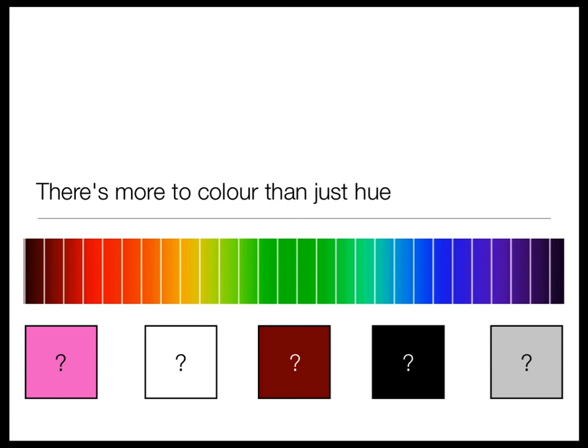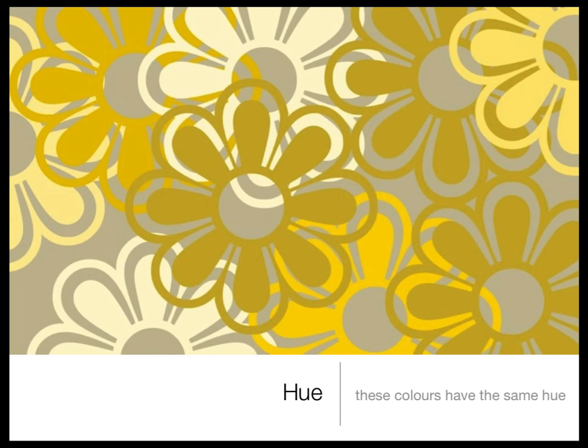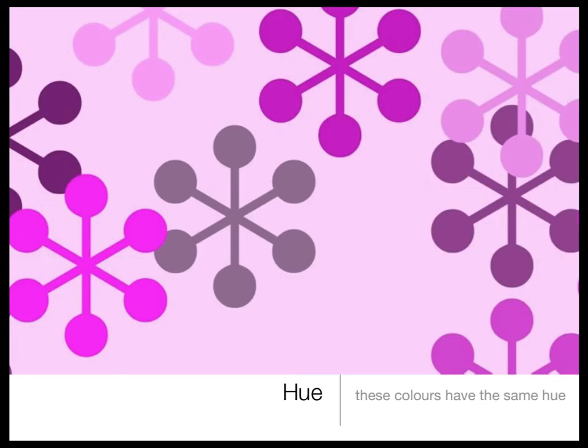There's no pink, really. There's no grey. So there's more to color than just the rainbow. All of these colors here have the same hue. They're all in the blue part of the rainbow. These all have the same hue. They're all at the yellow end. These are down the purple indigo end, whatever.